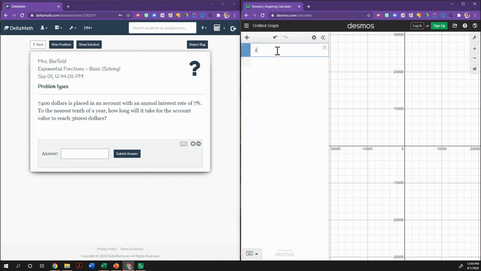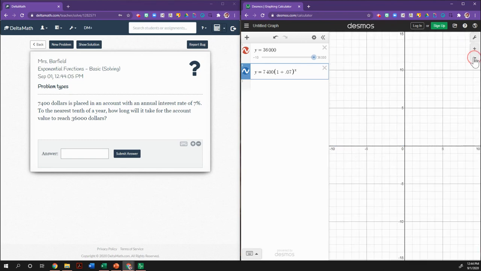So y equals $36,000, because we want to know what happens right then and there. Then y equals our initial amount, 7,400, parentheses, 1 plus, as I'm making money, 0.07, parentheses, exponent x.